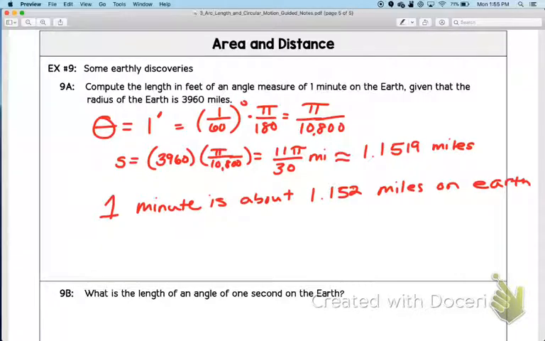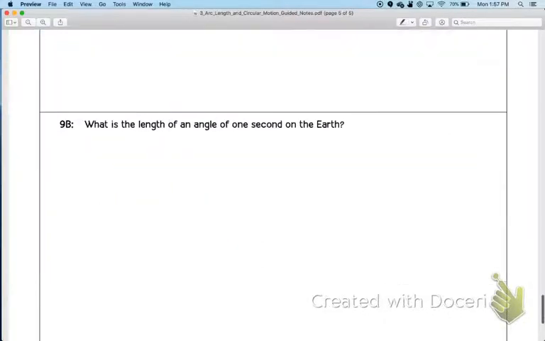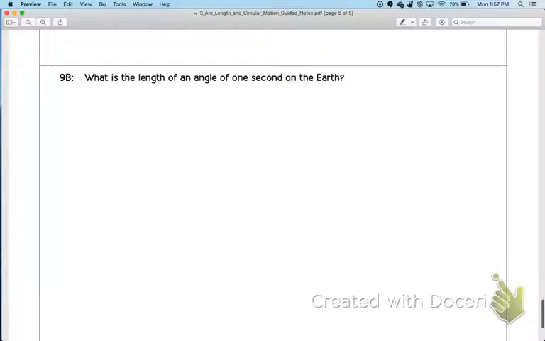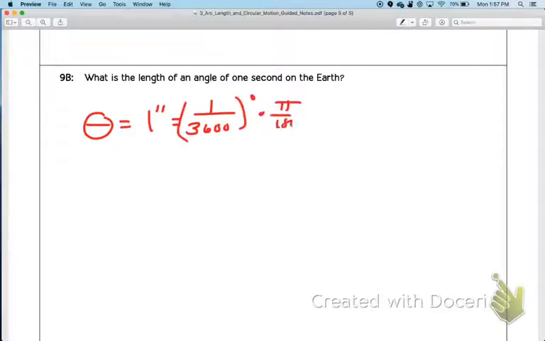All right, so for 9b, what is the length of an angle of 1 second on Earth? We're going to do pretty much the same thing, but now with a second. So theta is an even tinier part of a degree, 1 over 3,600 degrees. Converting that, times pi over 180 gets me pi over 648,000 radians.